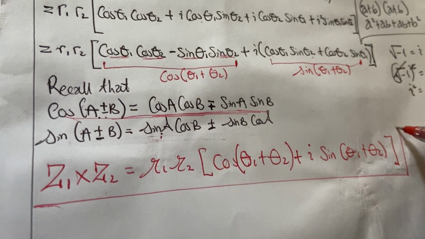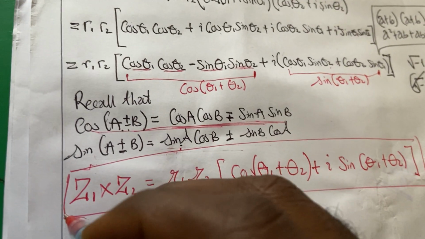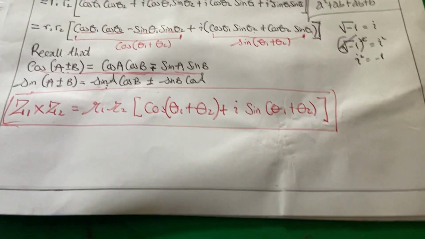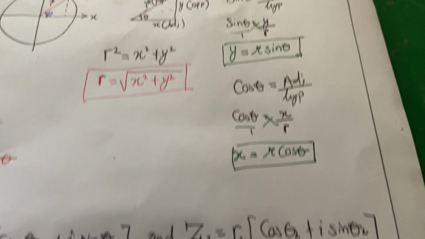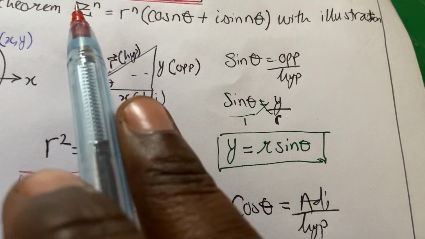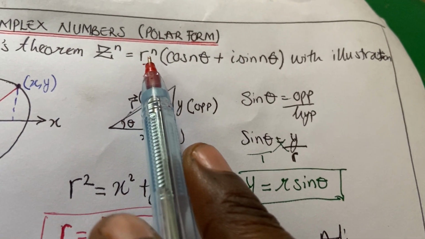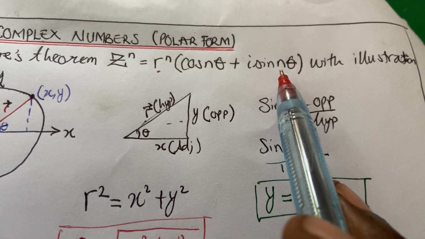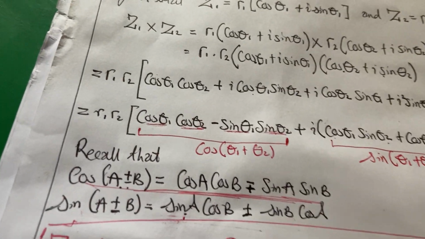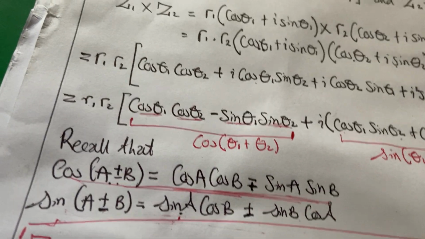This is the general formula, or DeMoivre's theorem. But actually we are asked to prove that z to the power of n equals r to the power of n cos n theta plus I sin n theta. Okay, so let's prove that.